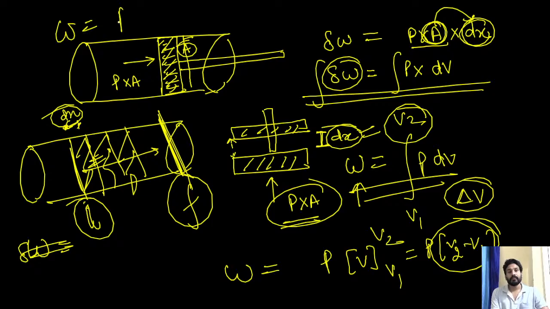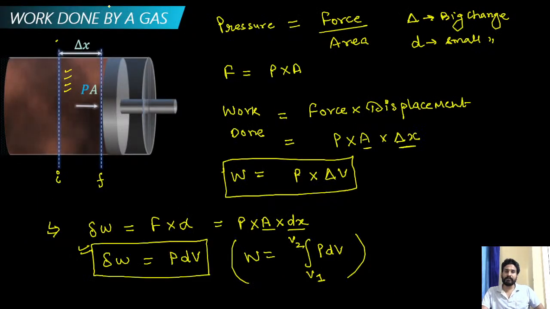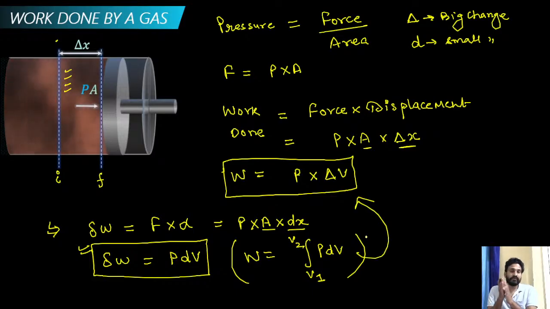W is equal to P into delta V. It is the same thing. Yes or no? Right? So I just write it before calculating. If you calculate this term for the volume change, then you can write this thing. If you know the initial and the final volume, you can directly use the formula P delta V.